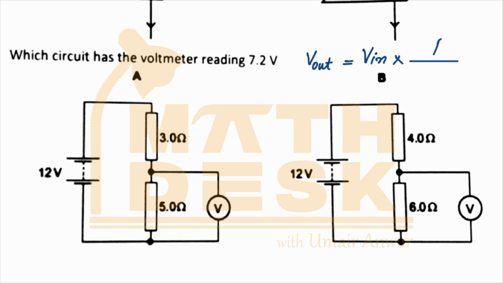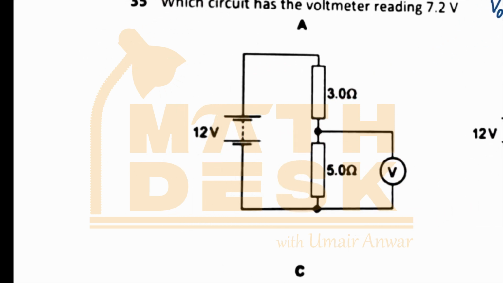So it should be the resistance where the output is being taken, and the denominator would have the sum of the resistances. So in the first case, we have the output voltage as 12 multiplied by 5 and divided by 8. So we have 15 upon 2, which is 7.5 volts.